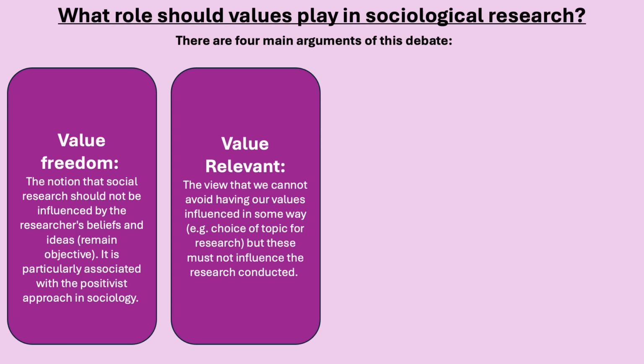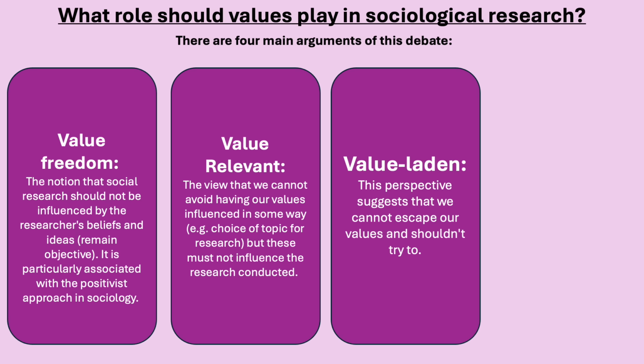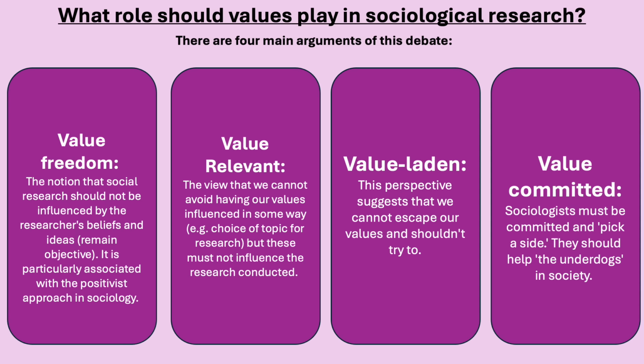Then we have value relevance, the view that we cannot avoid having our values influence us in some way, for example our choice of research topic, but these must not influence the research conducted. Value-laden: this perspective suggests that we cannot escape our values and we shouldn't try to either. And also value-committed: sociologists must pick and be committed to a side. They should help the underdogs in society.